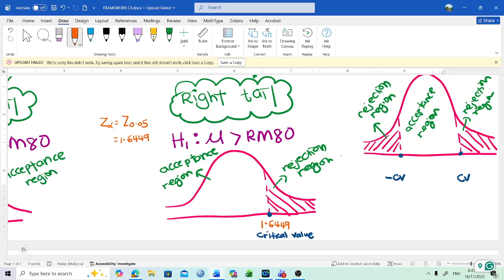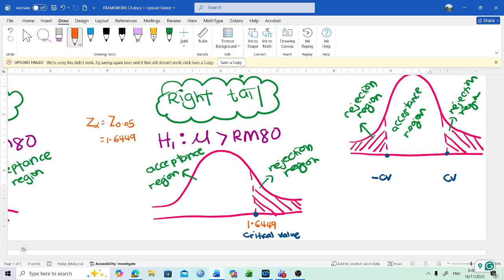For two-tailed, it means that you will have two critical values, one negative and another positive. However, for the two-tailed test, you need to divide your alpha. Let's take the same alpha, which is 0.05. For a two-tailed test, you need to divide it by 2. Alpha divided by 2 is 0.025.